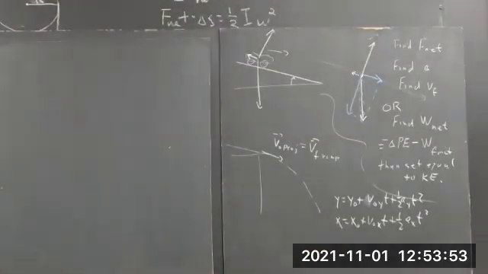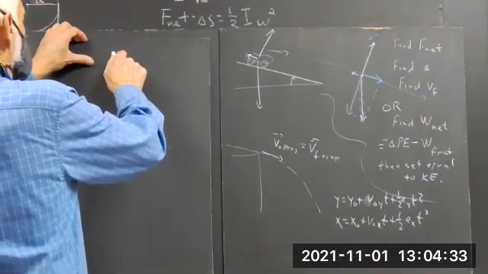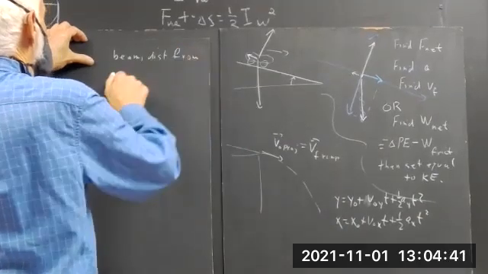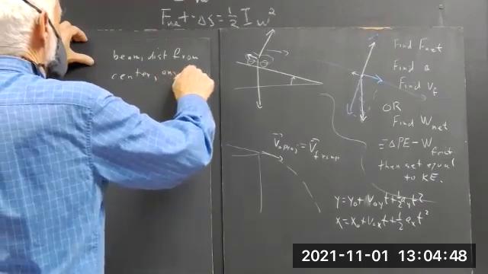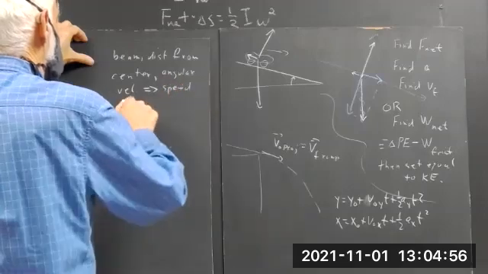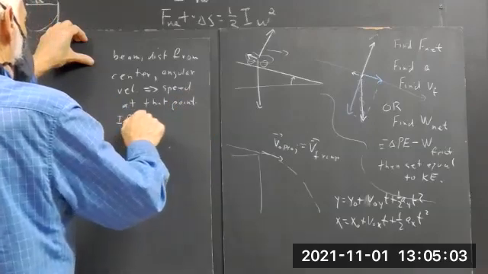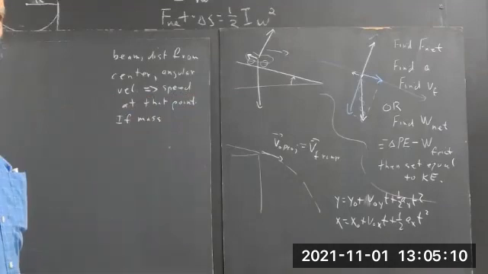The other thing, and one that's really important for what we're working on right now: you have a beam, some distance from the center, and the angular velocity, and you get the speed at that point.